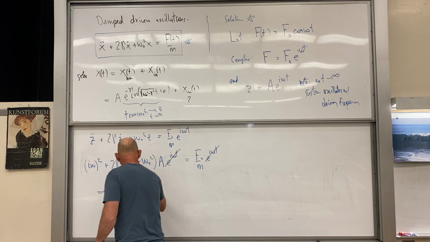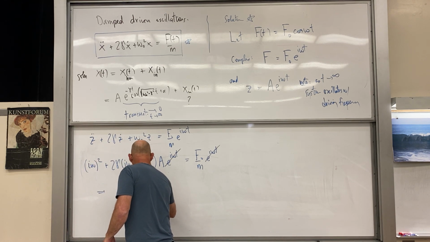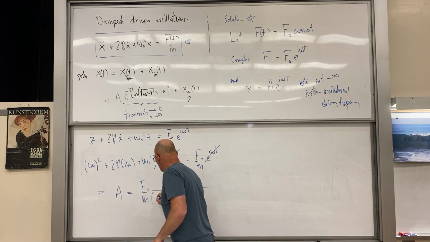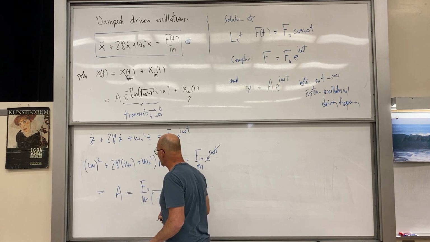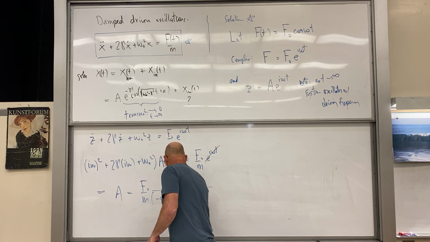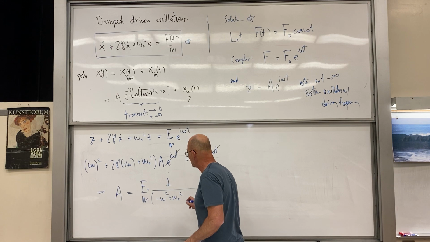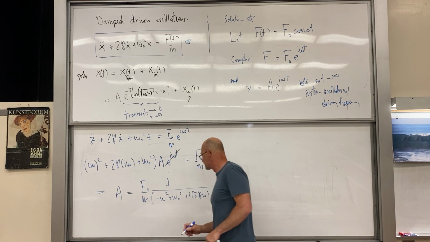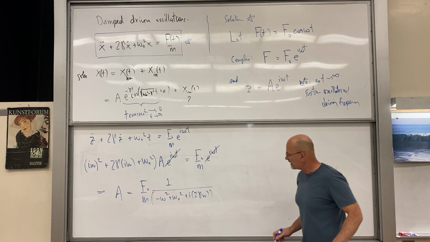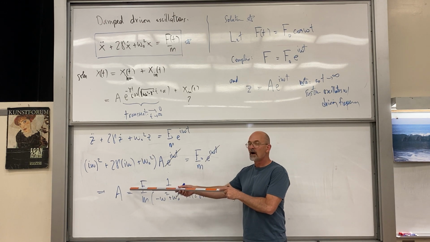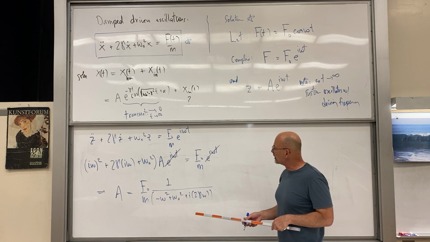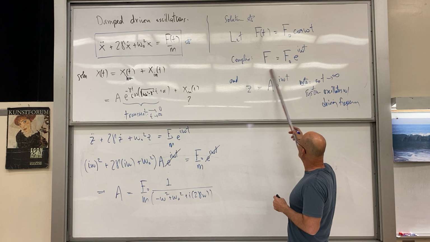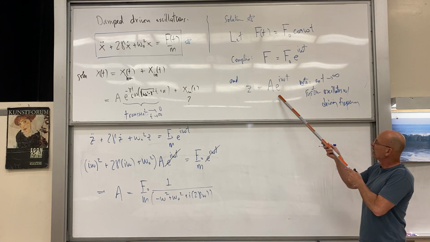So what is the amplitude? A is equal to f naught over m, and then we're just dividing by this thing here. So minus omega squared plus omega naught squared plus I times 2 gamma omega. So the amplitude is complex. And what we have to do is turn it into a real amplitude because we want the real part of this whole thing, right?